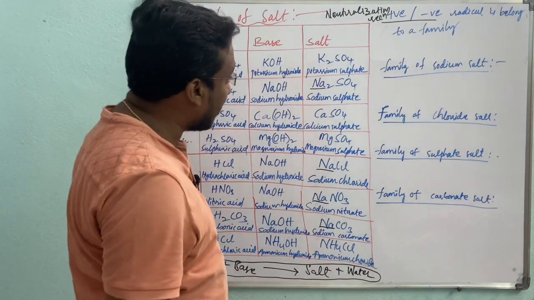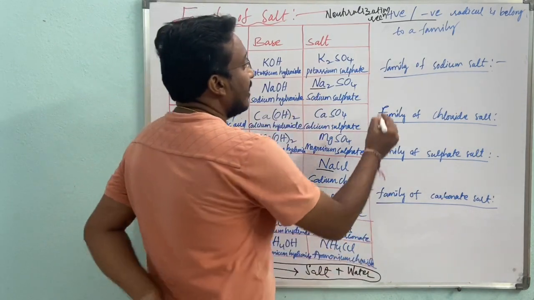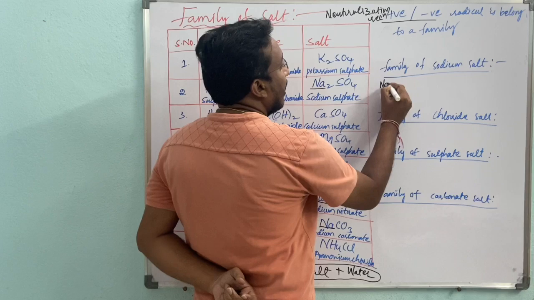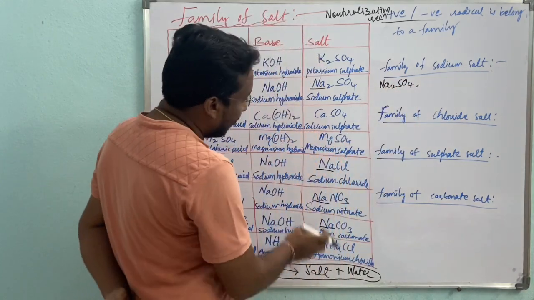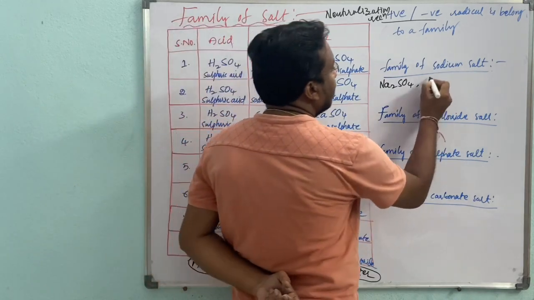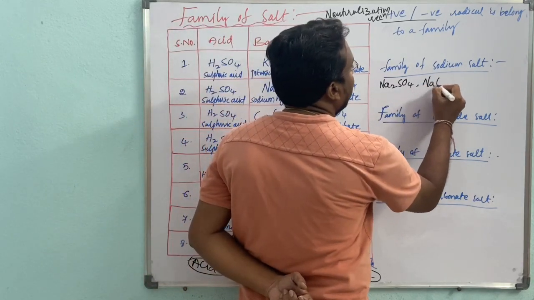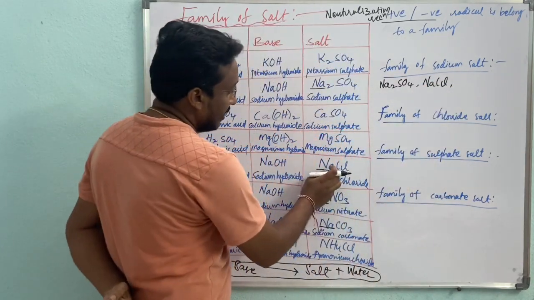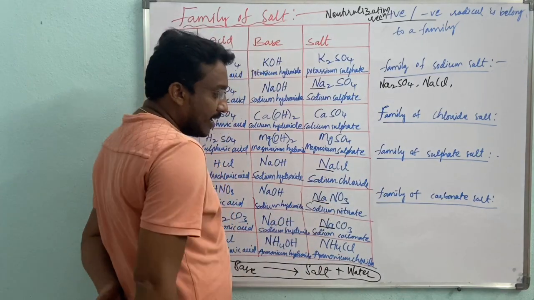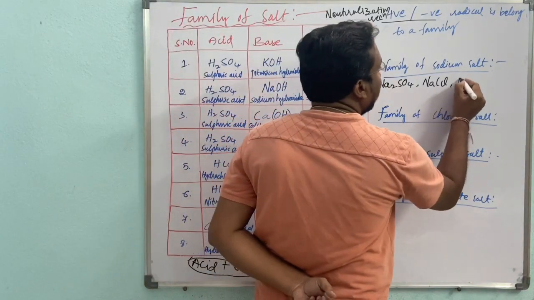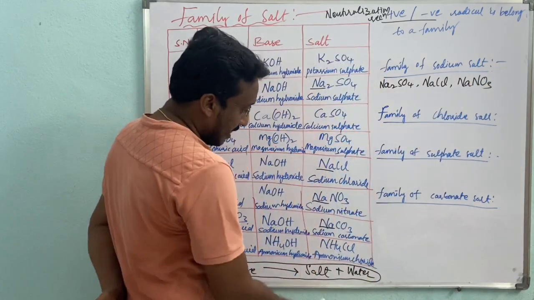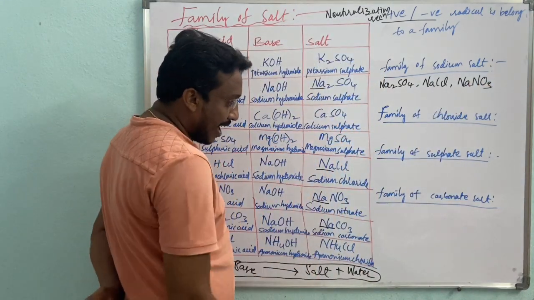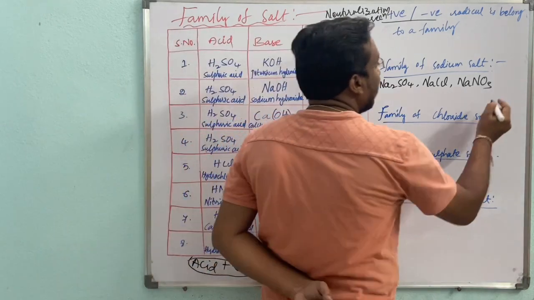Here we have 4 examples: sodium sulfate, Na2SO4, NaCl, sodium nitrate NaNO3, and sodium carbonate, Na2CO3.